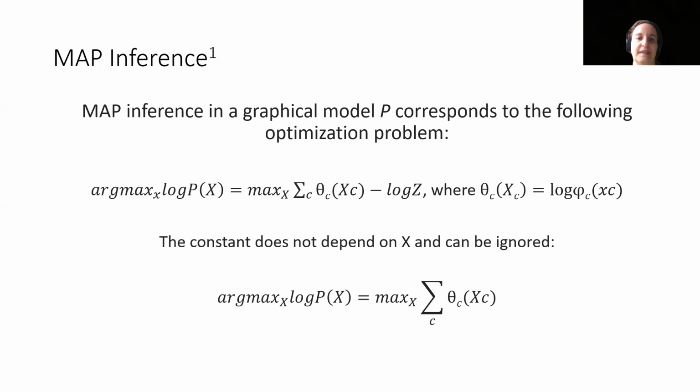No. Okay, MAP, as we said: we have the probability distribution, and we have some evidence. That means that we know the values of some of the variables in the probability distribution. And what we want is to find values for the rest of the variables so that this probability distribution is maximized, which can be represented by the optimization problem in the first line: the argmax of the probability distribution.